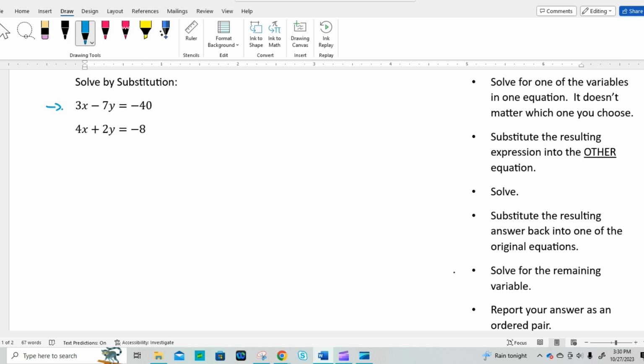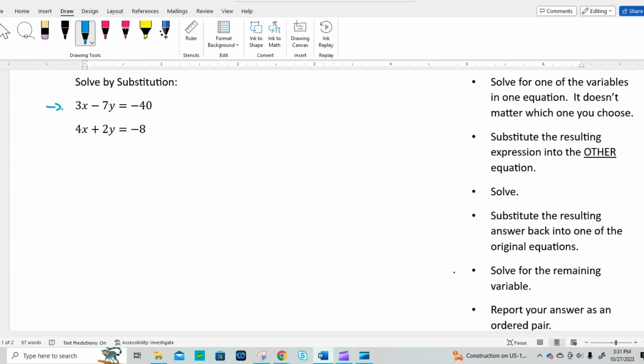What I'm looking for here is very simply the lowest number that I have on a variable. And I'm not talking about signs, I'm just talking about the absolute value of the number itself. So for this first one, I have a 3 on the x and a 7 on the y. I'm going to ignore that negative for just a minute.